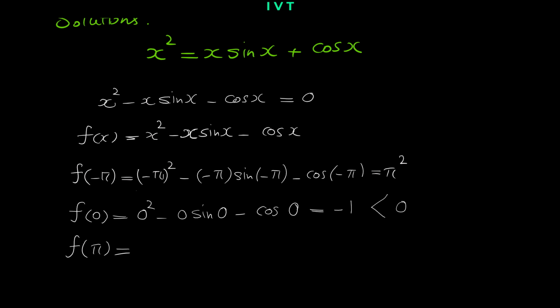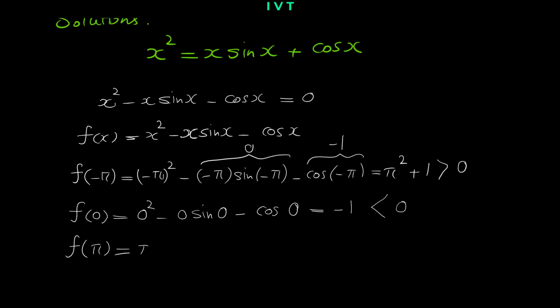Sine of pi and sine of negative pi, both of them are 0. So this is 0. Cosine of pi and cosine of negative pi are negative 1. Negative of negative 1 would be plus 1. So this is a positive expression. And this is clear that it is positive.